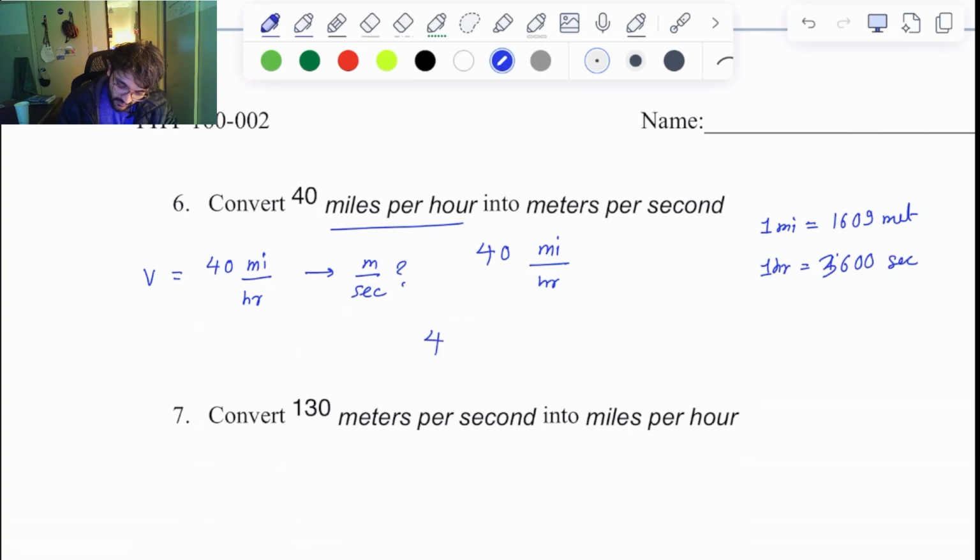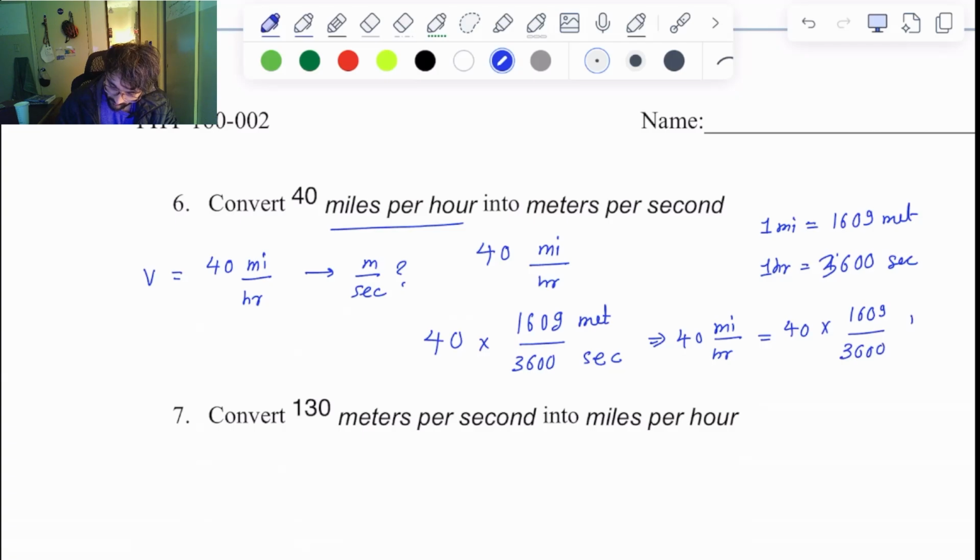So that means you just do 40, 1 mile is 1609 meters, and 1 hour is 3600 seconds. So this means that 40 miles per hour is the same as 40 times 1609 divided by 3600 meters per second. I'll use my calculator to calculate that number.